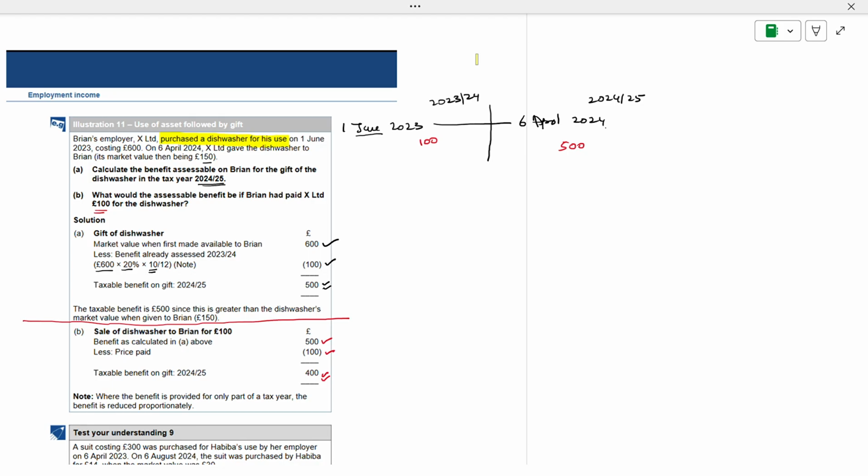Anyway, the 20% is applicable on the market value of the asset purchased. If the initial cost is there or the market value is there, even the original cost also. If the market value is given, then we have to take priority for the market value.